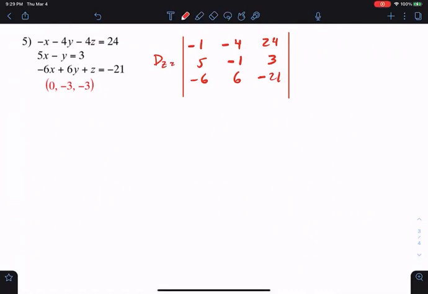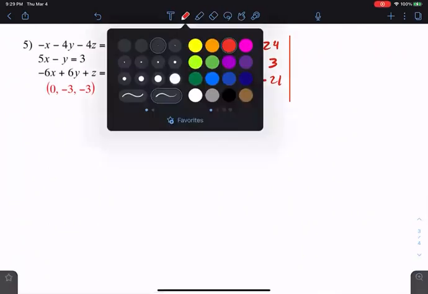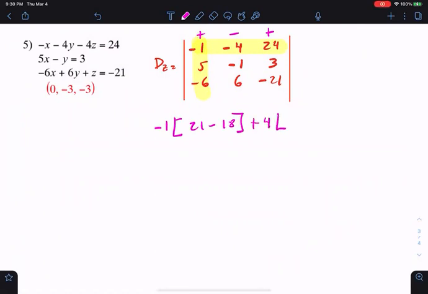Okay. So we need to do, in this case, I can do either way because there's no 0 here. So I can do this way, plus, minus, plus, right? So I'm gonna work with the first row, first column, right? So that's -1 times 21 minus 18. Second one is +4.